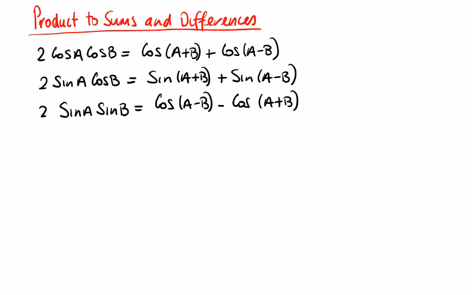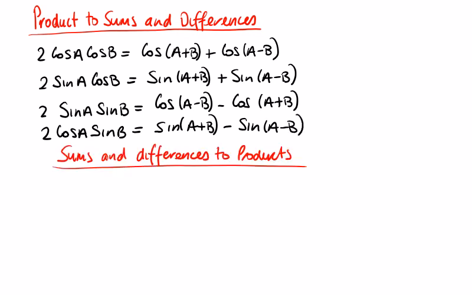And finally, with the sums and differences from products, we get 2 cos A sine B is equal to sine A plus B minus sine A minus B. Now let's look at the sums and differences to products. So adding and subtraction turning into multiplies.